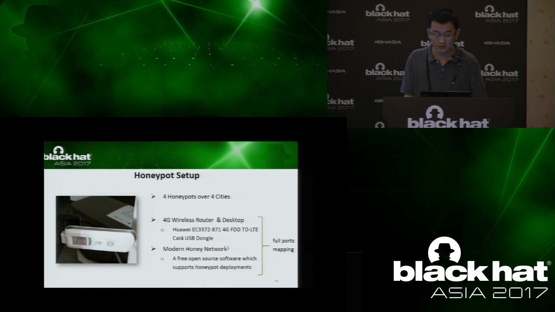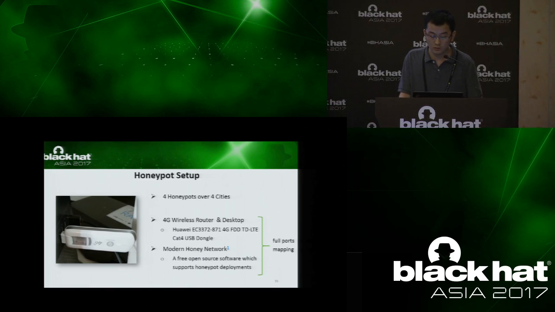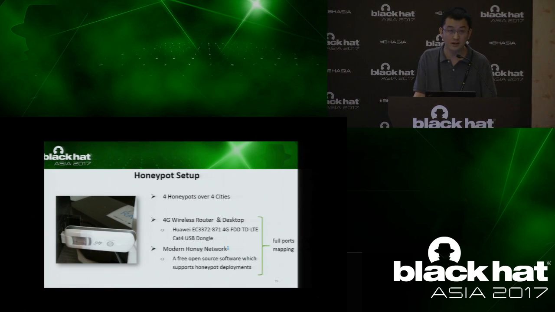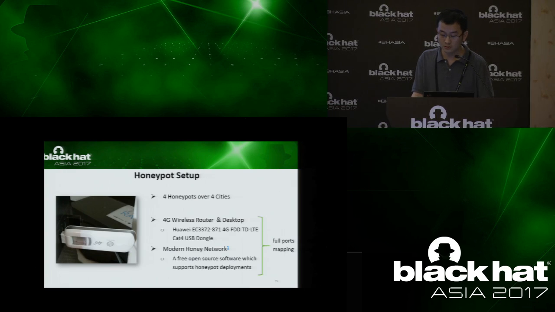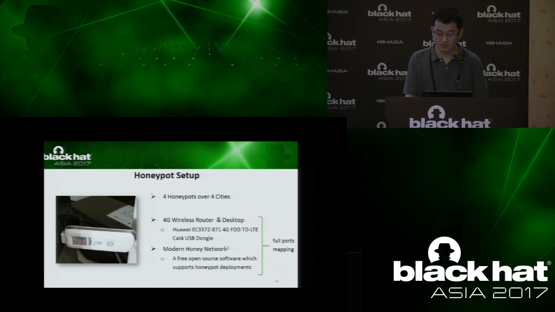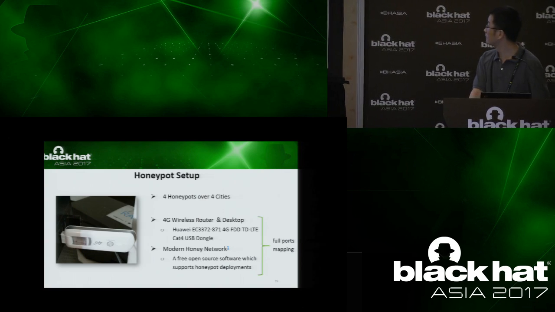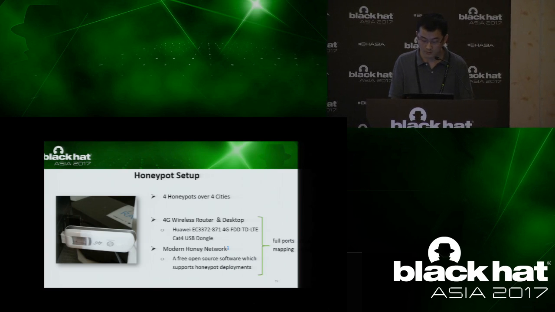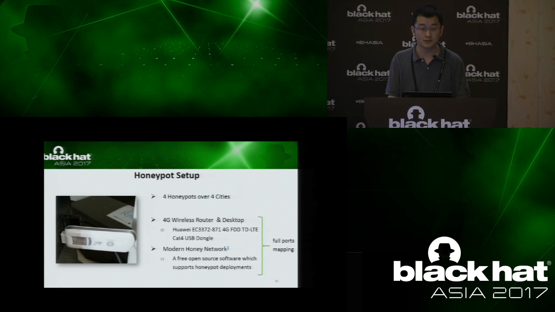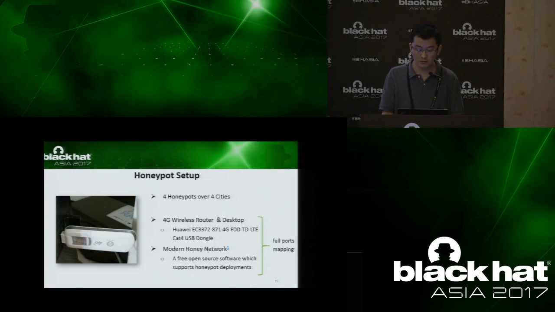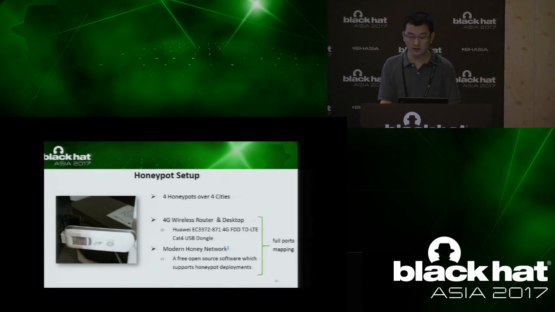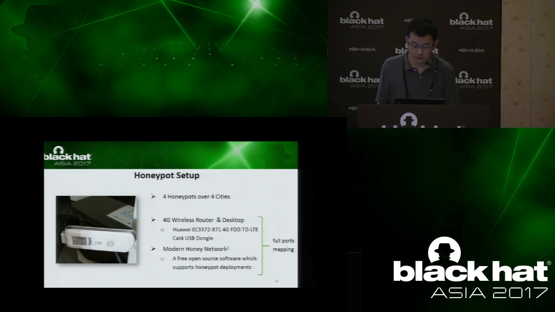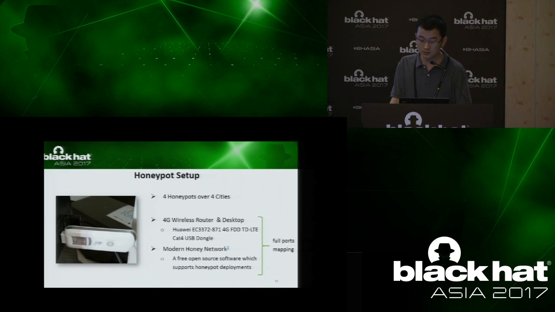Okay, let's see the honeypot setup. We set up 4 honeypots over 4 cities in China, in Beijing, Yunnan, and the other 2. We build 2 kinds of honeypots. The first one is port mapping honeypots, and the second is customized honeypots using different devices. For the port mapping honeypot devices, we need 4G routers, such as the Huawei USB wireless router, and a desktop PC.